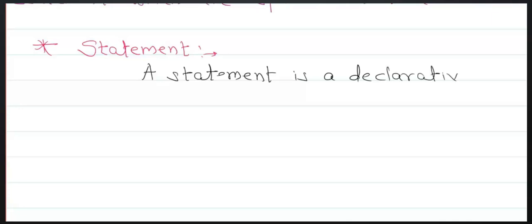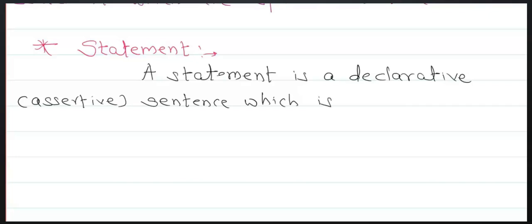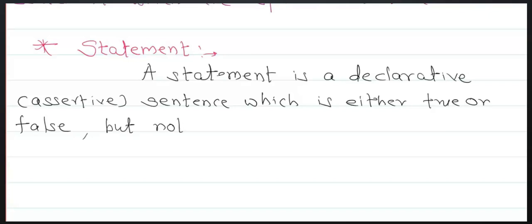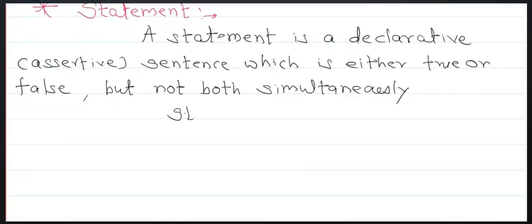Now, the first definition of a statement. A statement is a declarative sentence which is either true or false, but not both.